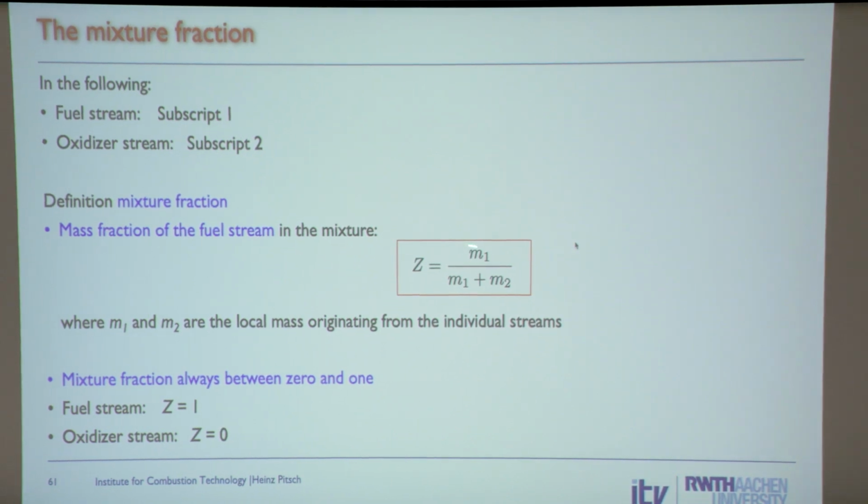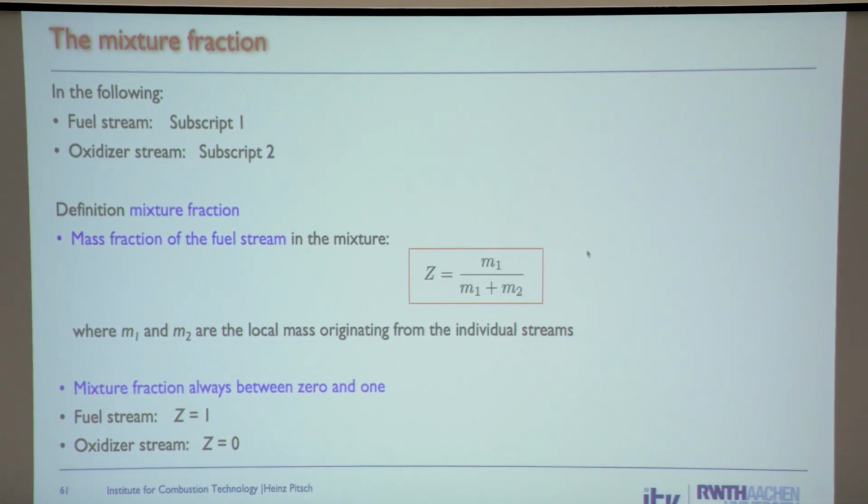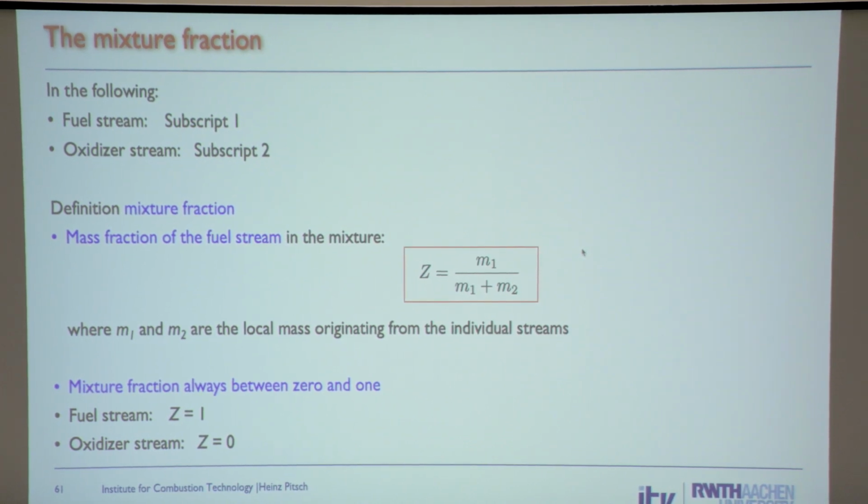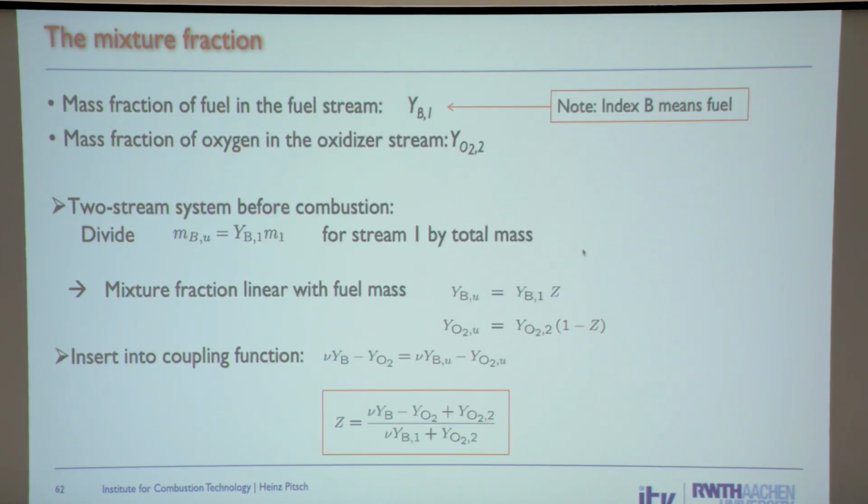So mixture fraction is the mass that originated in the fuel stream divided by the total mass. So mixture fraction equal 1 means it's pure fuel, mixture fraction equal 0 means it's pure oxidizer, and in between it gives you the mass ratio of what came from where.